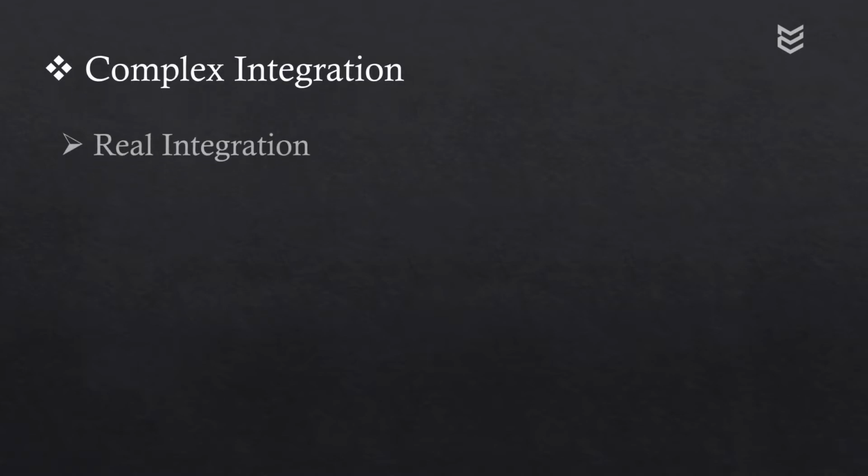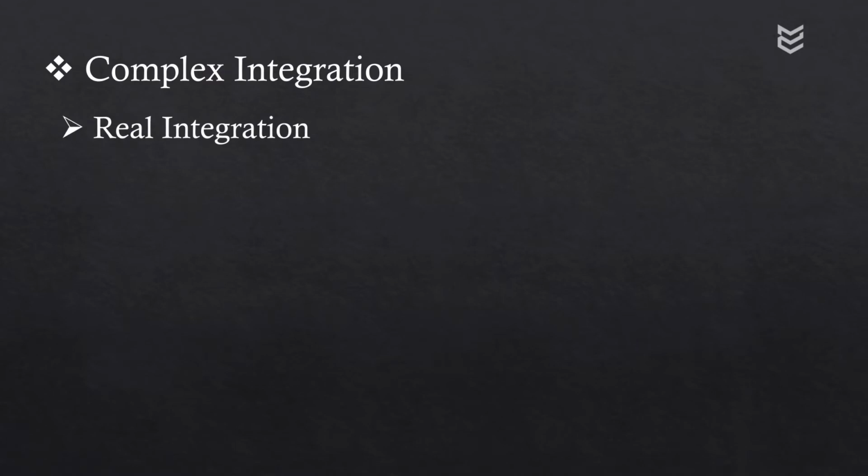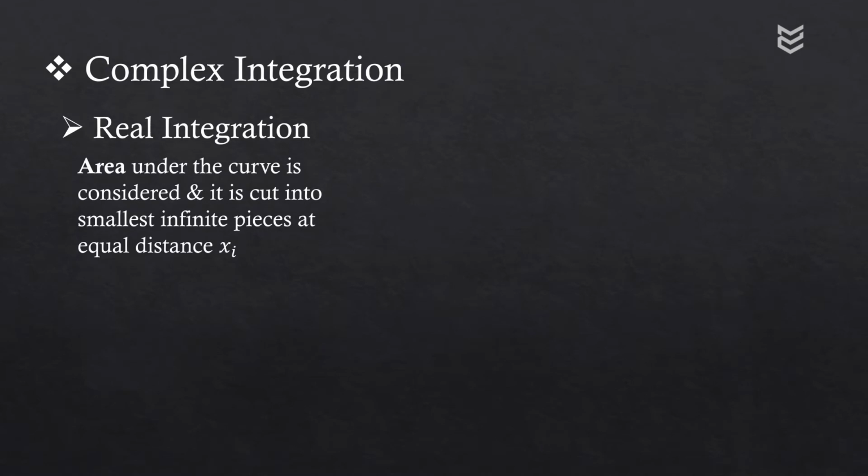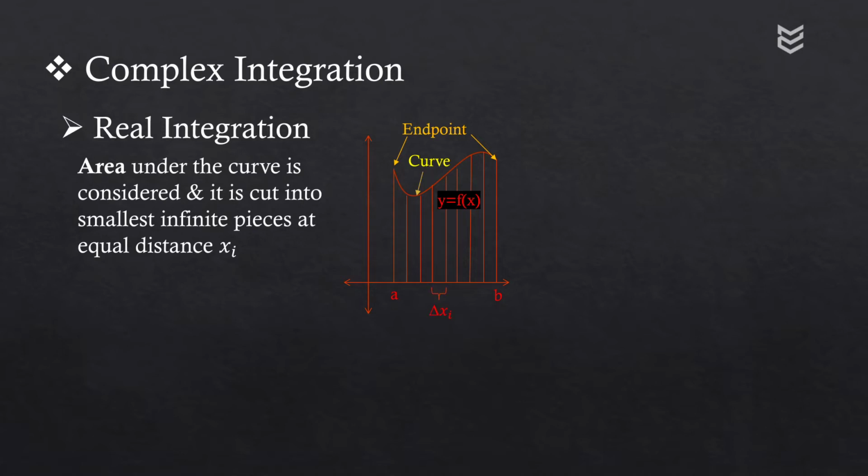Let's start with our main topic, complex integration. You've learned integration with real variables before, where the area under the curve is considered, and it is cut into infinitely small pieces at equal distance delta xi. In the given diagram, you can see the area under the curve y equals f of x is cut into a number of pieces at a distance of delta xi.